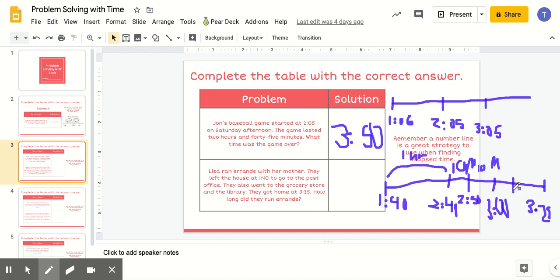3 o'clock to 3:10 is another 10 minutes. So that's 10 minutes. And then 3:10 to 3:20 is 10 minutes.